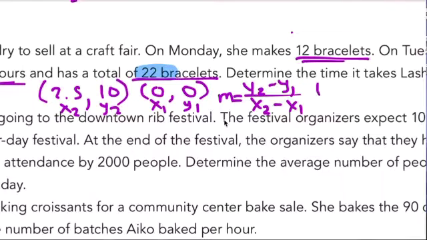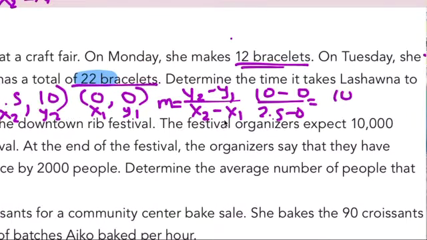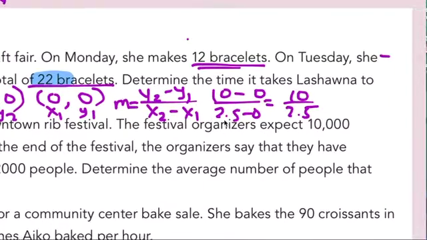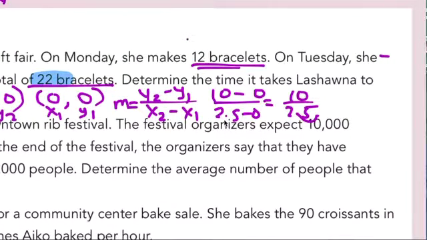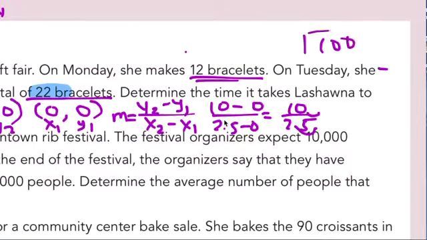So you do 10 minus 0 over 2.5 minus 0. So 10 over 2.5. That's 100 divided by 25, which is 4 over 1. So 4 bracelets for every hour.